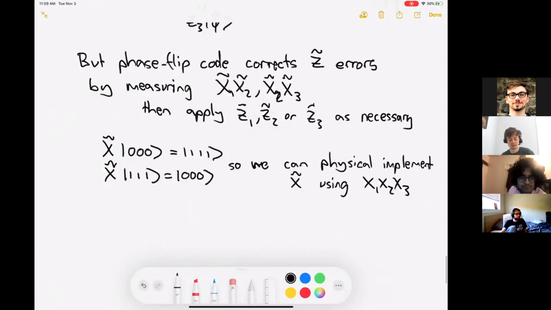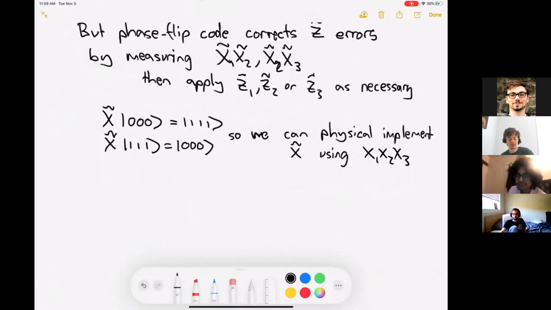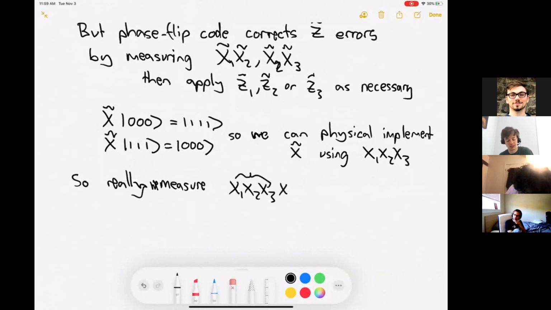Okay, so really we measure not x1 tilde, x2 tilde, because those are logical measurement operators. Really, we measure x1, x2, x3, x4, x5, x6.